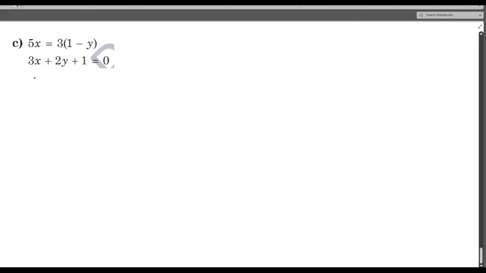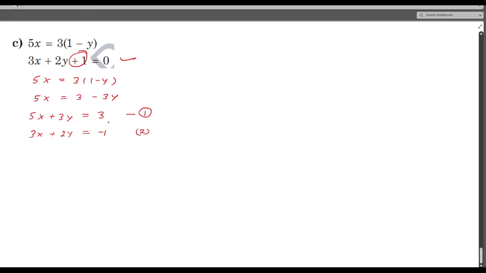So your first equation, 5x is equal to 3 times 1 minus y, I will say that 5x is equal to 3 minus 3y, and 5x plus 3y is equal to 3. Okay, and then I will rewrite the second equation, which is 3x plus 2y is equal to minus 1. I hope you understand. Okay, this plus 1, when I move to the right side, becomes minus 1.